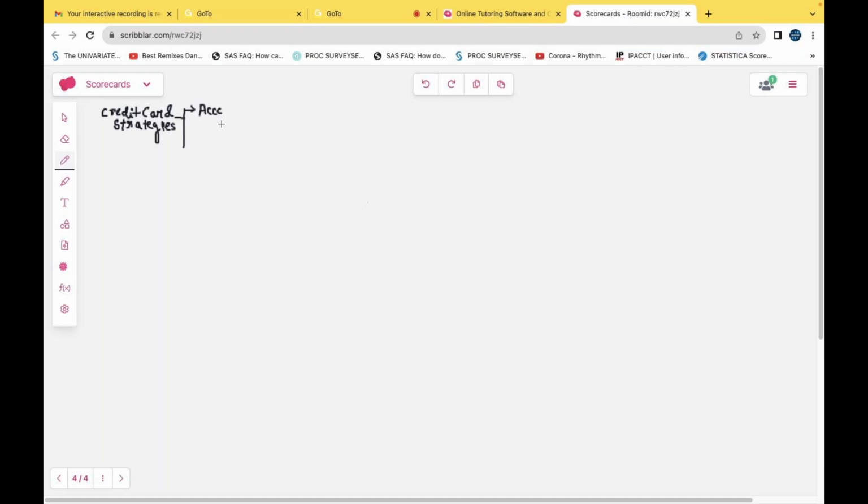This involves understanding how much credit should be given, what the limit should be, and what the rate of interest should be. This is the first set of strategization.